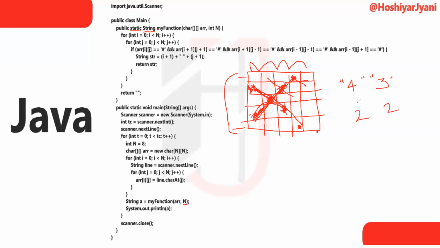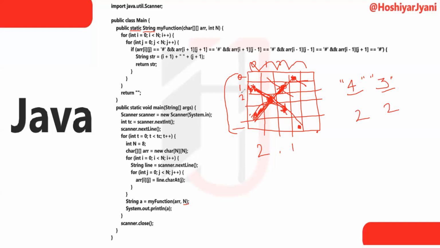So this is one-based indexing. You can see here, this is another example. The row values are 0, 1, 2, and the column values are 0, 1, 2. The column value is 1 and the row value is 2, so the answer would be like 2 space 1.